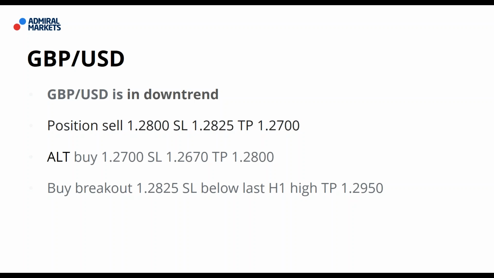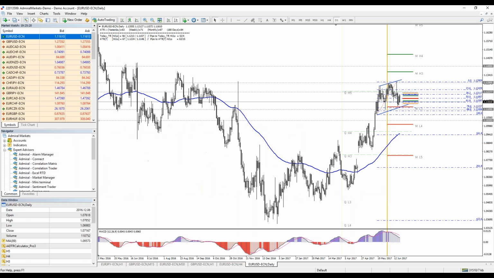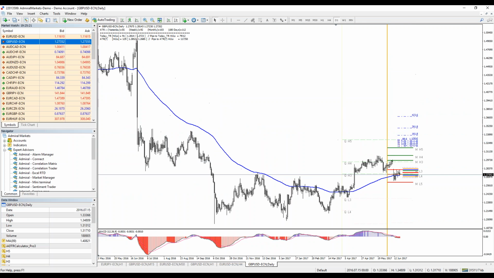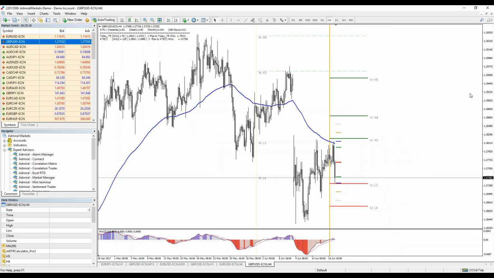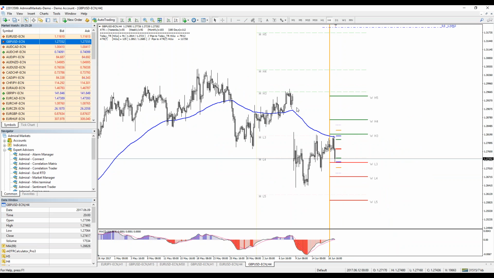If we break 2825, we could see some nice upside potential of price action. But it needs to break 2825, and this is the chart. Okay, for our time frame, we still have a gap here. You see, this is the gap.